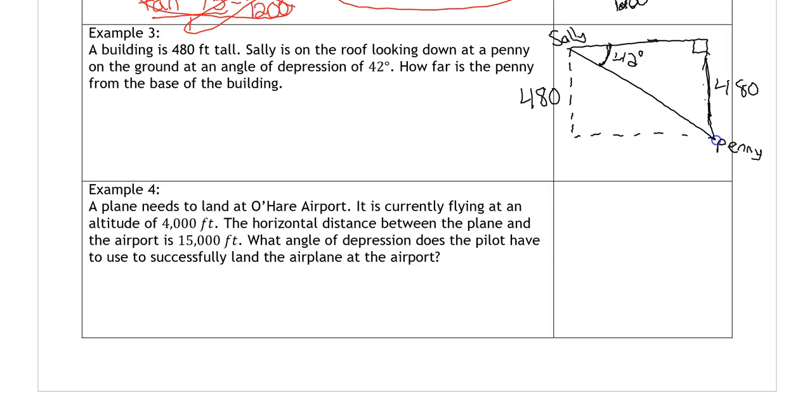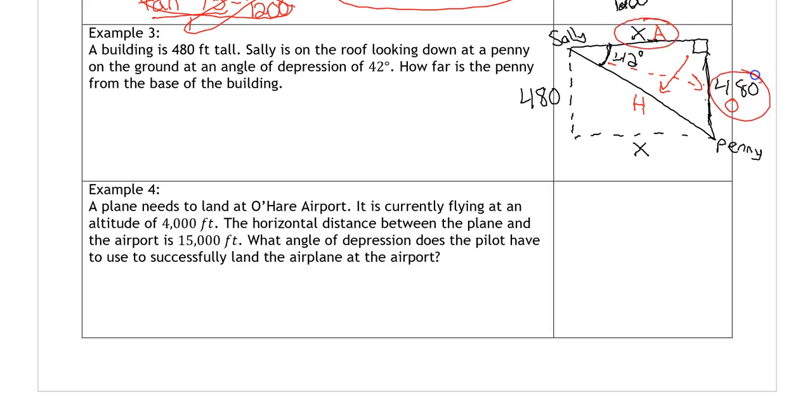Again, my angle of depression is always up in this corner. How far is the penny from the base of the building? X is here, x is also here. That rectangle is equal across. Then labeling O, A and H, across from my right angle is the hypotenuse. Across from my given angle is the opposite. Here I have my adjacent.